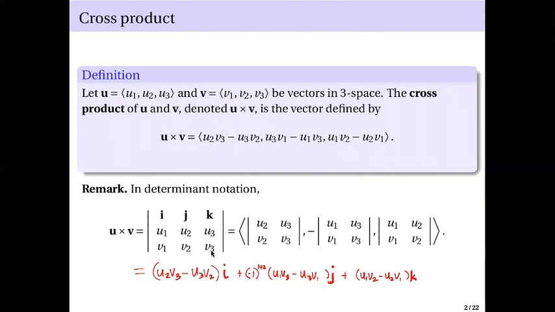But remember, when you interchange two rows while computing the determinant, you have to take out a negative.